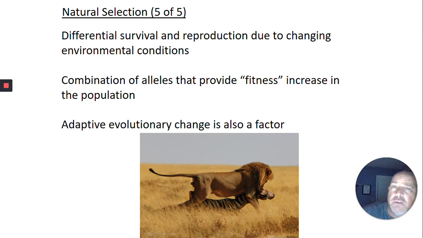I kind of like it. And so obviously you can get a combination of alleles that increase fitness, and a lot of times things are passed on and things are improving, but not all the time. And so adaptive evolutionary change is also a factor. So things are adapting.